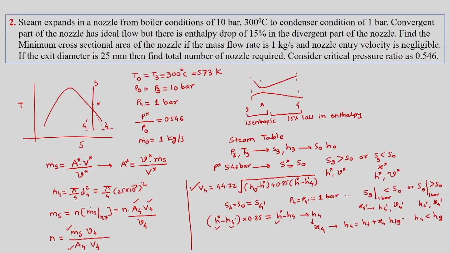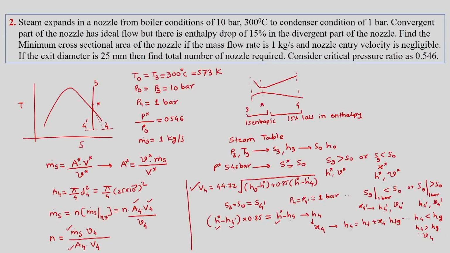In that case, if H4 is greater than Hg, then directly we can get the specific volume V4 from the superheated part of the steam table, which is not the present case. This is a wet steam, so we need to find out X4. So H4 is equal to HF plus X4 into HFG.